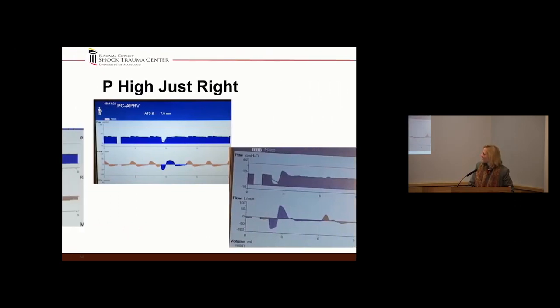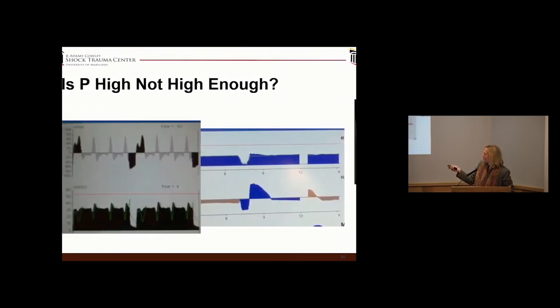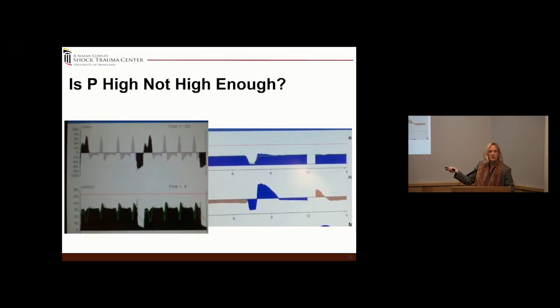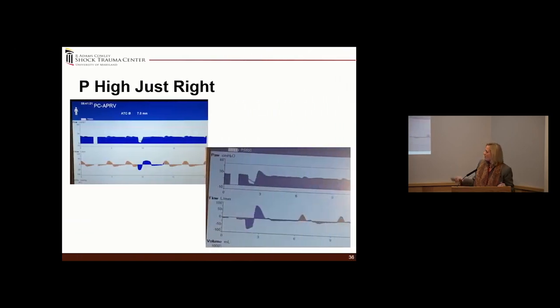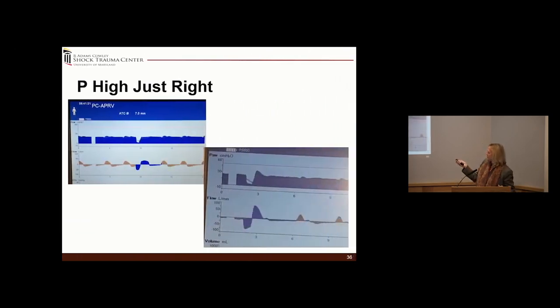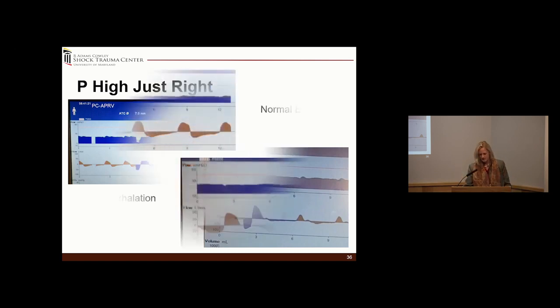Do you see here also? Look at the change in the airway pressure. So the patient, we call it carving out the airway pressure. So when they're able to pull that, make that dip in there, again, it might not be high enough. So taking a nice spontaneous breath, little change in airway pressure, that might be just right.